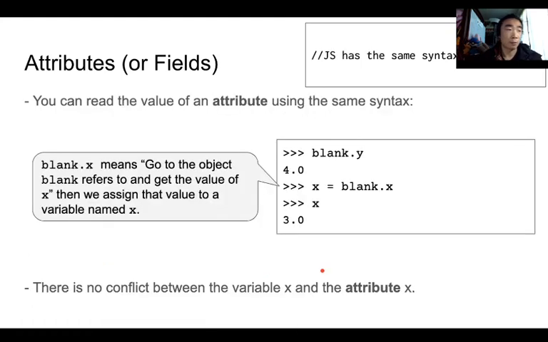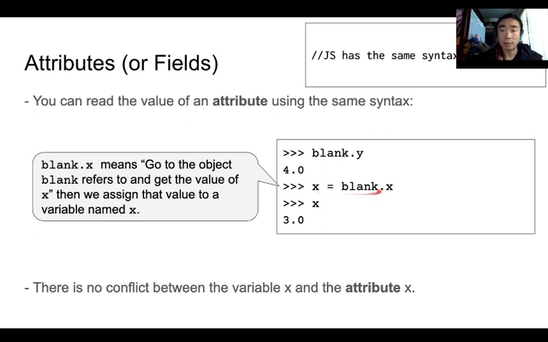All right, so we've defined them, and then you can read them. So if you type into your Python interactive console window blank.y, it gives you 4. If you type in x and then store it, then that value has x. And diving into this line, on the right-hand side, this is saying go to this object named blank, refer to its x value, and then we store it, because that's how this equal sign works, the assignment operator, store it into this new variable called x.